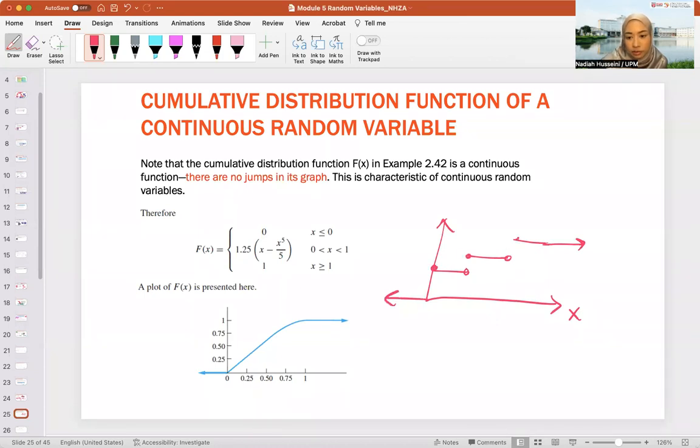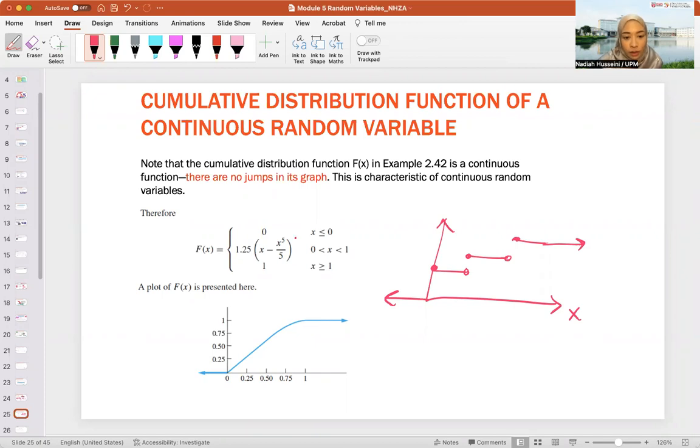Have black dots over here. So this is our cumulative distribution function for a discrete sample space. And this is how it looks for a continuous sample space or continuous random variable. There's no jump, there's no gaps. Make sure you take note of the difference in the graph, okay? Because you have to plot it.